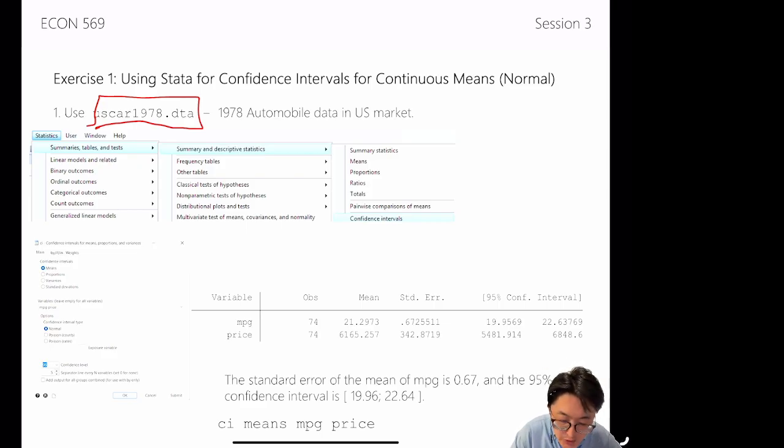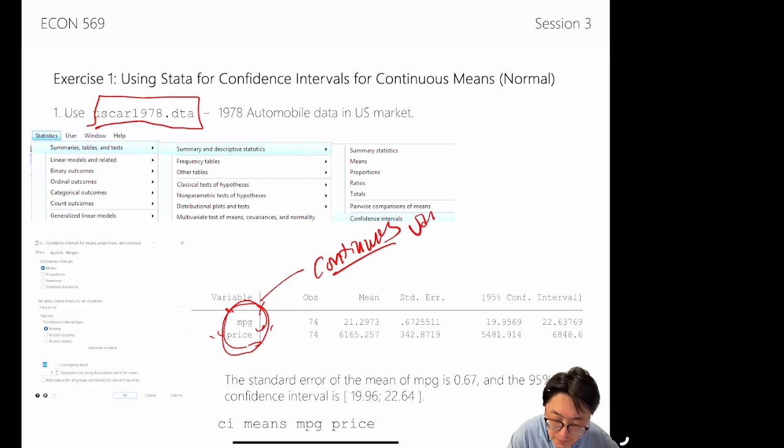We are interested in miles per gallon and price of this car, and these variables are continuous variables. And for some reason, Stata uses just "means", which means continuous means.